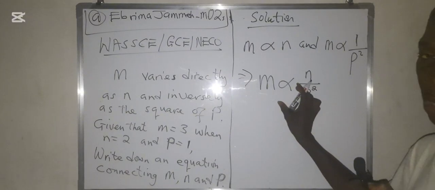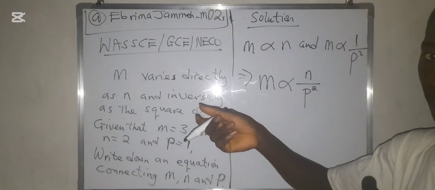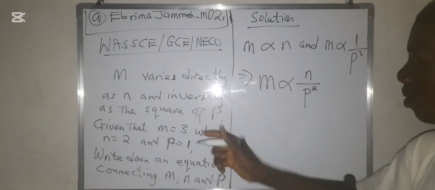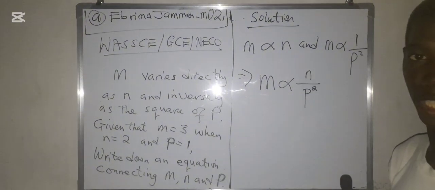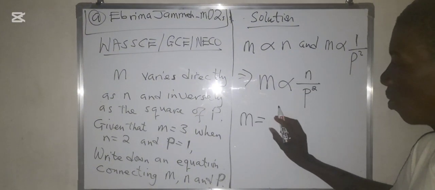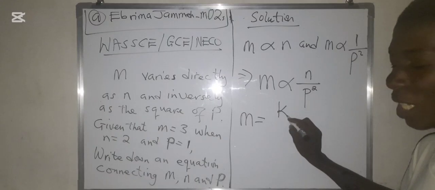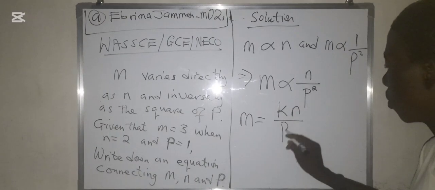In removing the proportionality sign, we need to introduce a constant. You can use any variable or letter. So let's use K to represent the proportionality sign. So now we say M is equal to K N over P square.